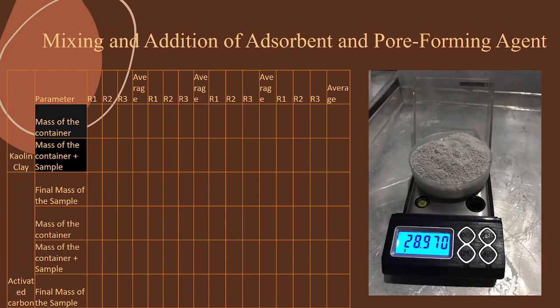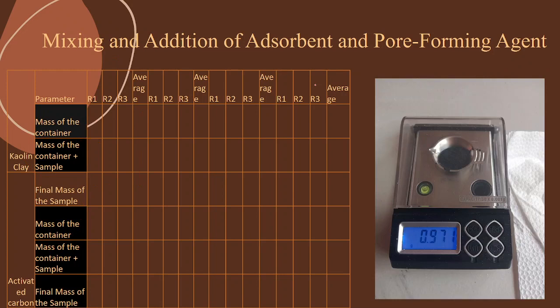To get the final mass of the sample of the kaolin clay, we subtract the mass of the container from the mass of the container with the sample, because this is weighing by difference, in order for us to get a more accurate result for the first replicate. And the average of that is the final mass of the sample for trial one, analytical chem.